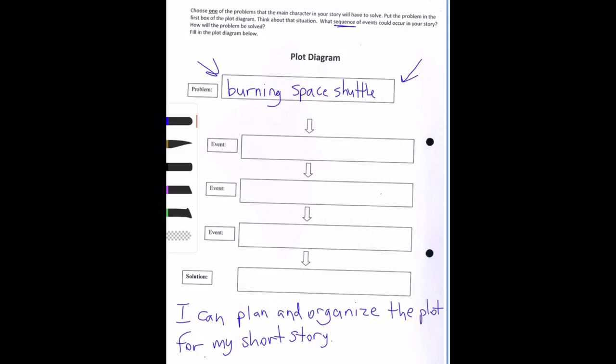Now, I'm going to think about that a little bit more. I'm going to expand on maybe who discovers the burning space shuttle, or maybe how they discovered it. Just to kind of think about how I can make this problem kind of the main core of excitement in your story.